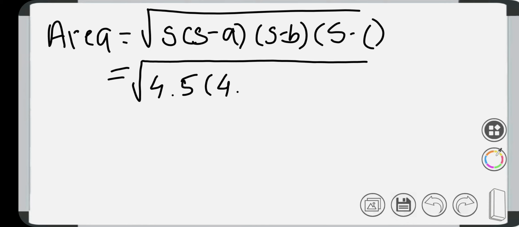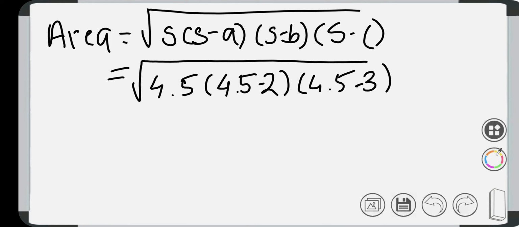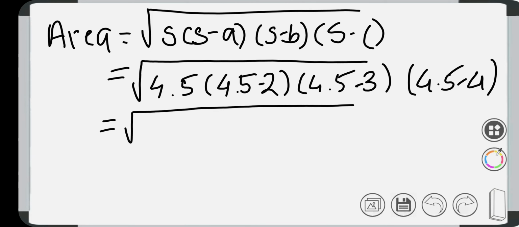The semi-perimeter we have calculated as 4.5. a is 2 cm, b is 3 cm and c is 4 cm. Putting all these values in the formula, what we get is the square root of 1.875. The answer is in a square root.